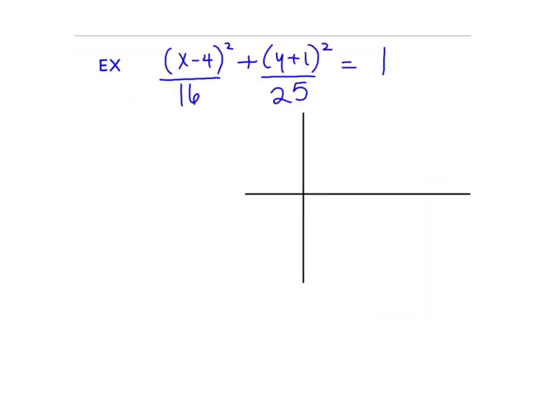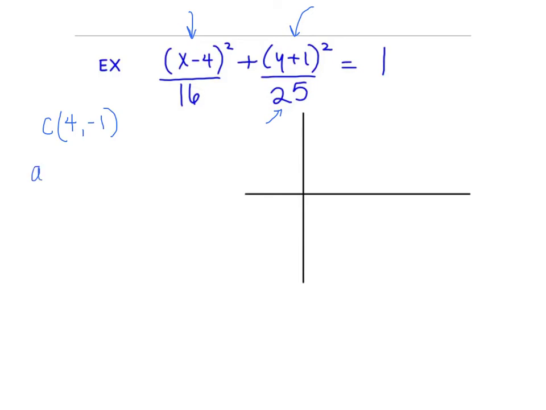On the next example, you can see that we are not centered at the origin. So this time, the center of the ellipse is going to be translated over 4 and down 1. You'll notice that it's the same number, but the opposite sign in there. Further, this time, the bigger number is under y squared.